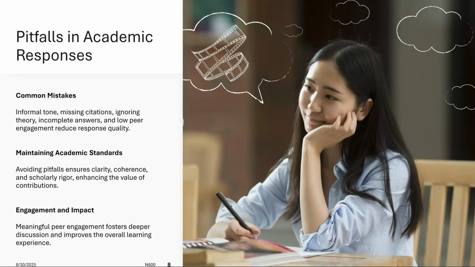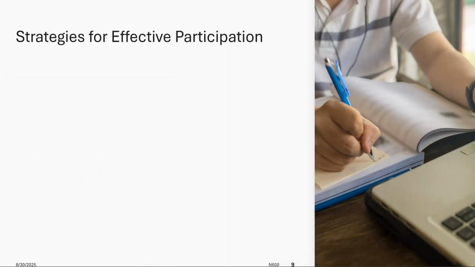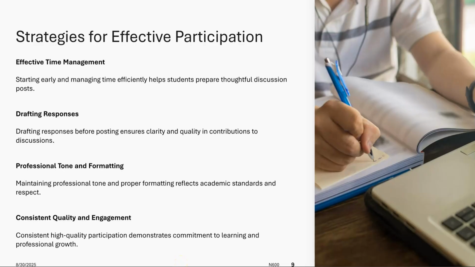We want to make sure that we don't ignore theoretical frameworks, that we don't only answer part of the question, or skip peer responses or write "agree" without an elaboration. Avoiding these mistakes will help you stand out and earn stronger feedback from your instructors.